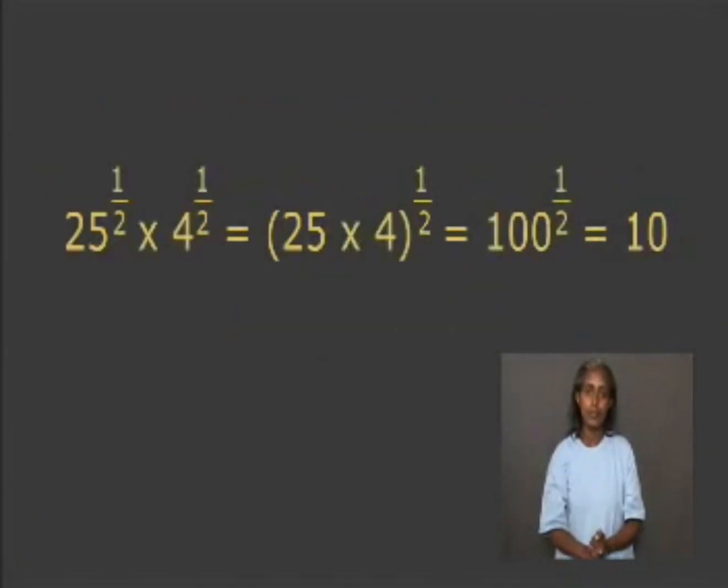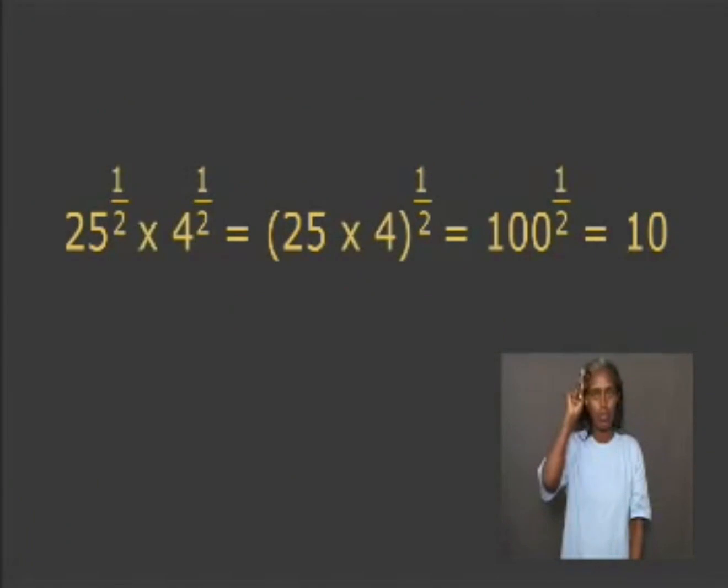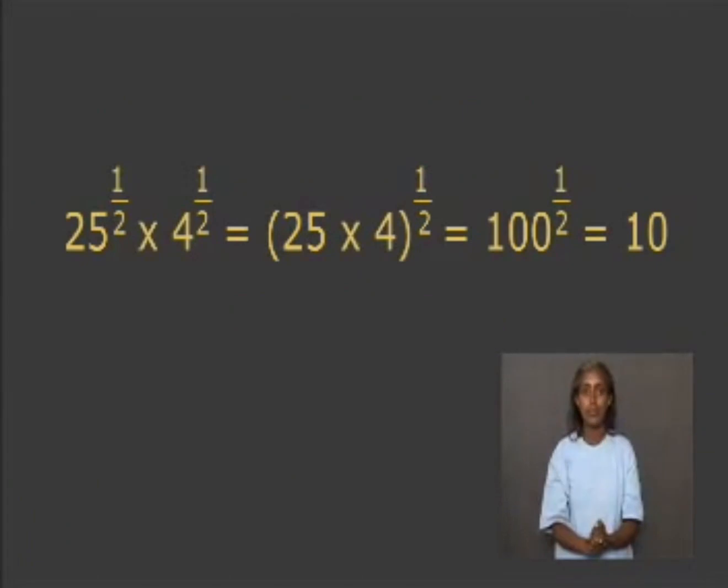We can see that 25 to the power of 1/2 times 4 to the power of 1/2 is equal to 100 to the power of 1/2.